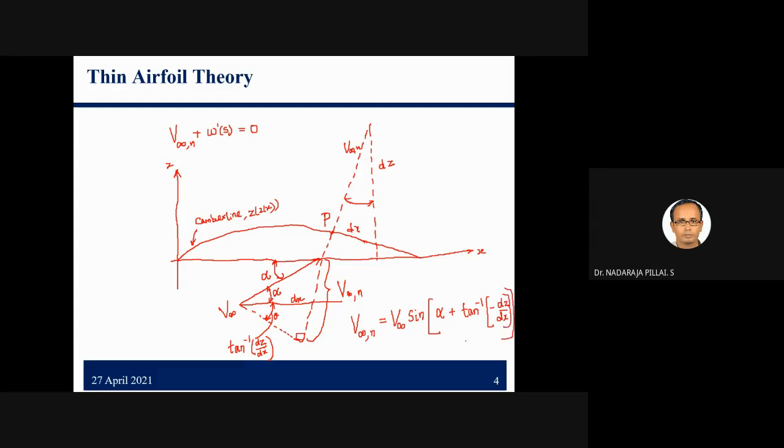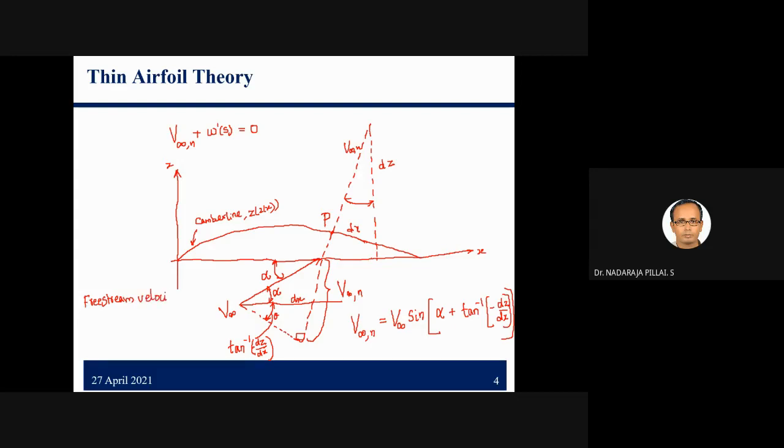So we have a minus here because it is in the reverse, right? So here we determine the component of free stream velocity normal to the camber. Please note that the free stream velocity normal to the camber is calculated here.